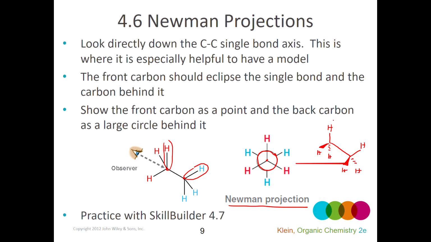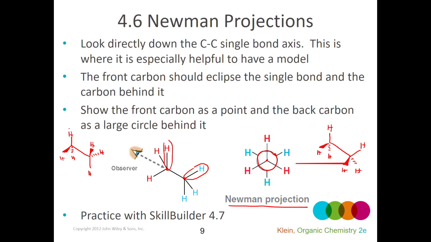This is where they're eclipsing. Alternatively, if I draw this other hydrogen down and then show the other hydrogens in their tetrahedral positioning, here the hydrogens are staggered.